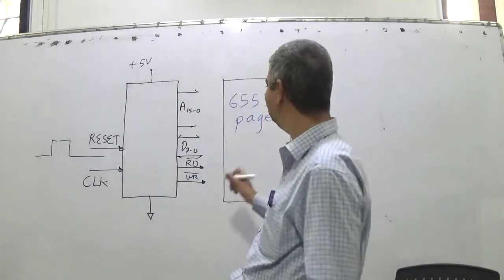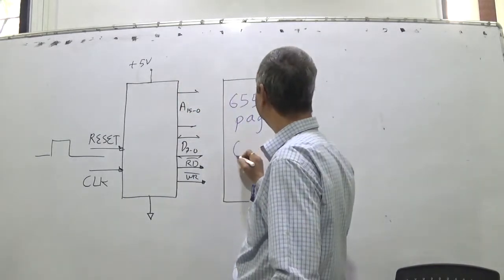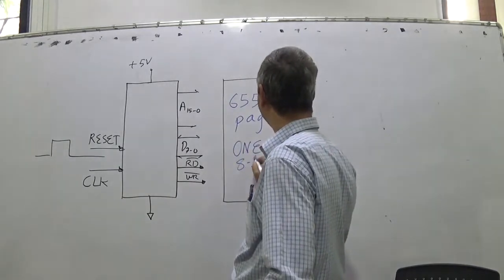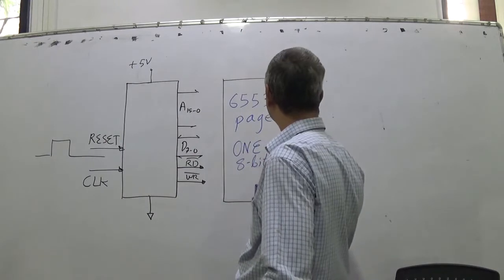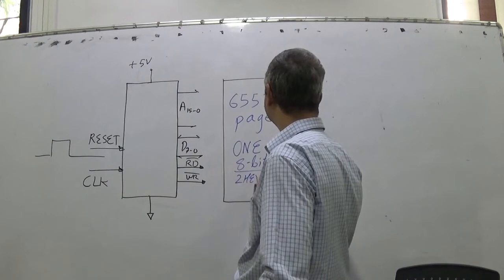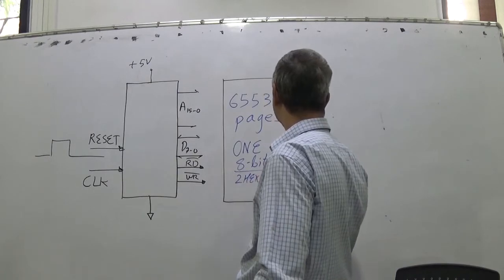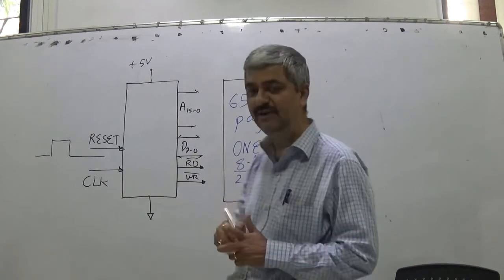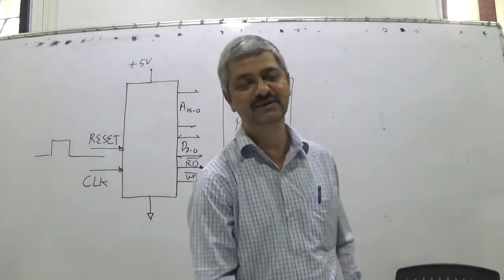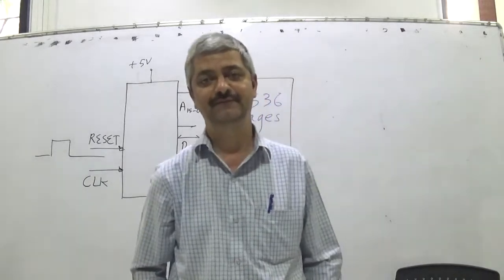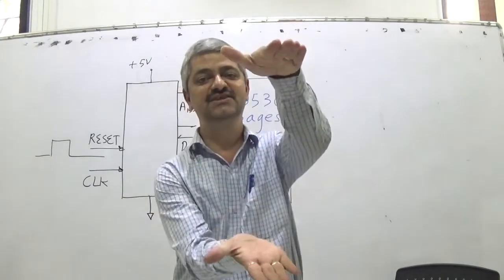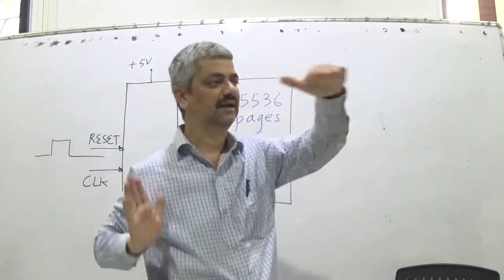Each page contains one 8-bit number, or 2 hex digit number. So on every page there is some number between 00 and FF. 65,536 pages are there.